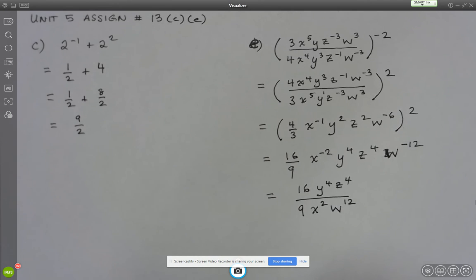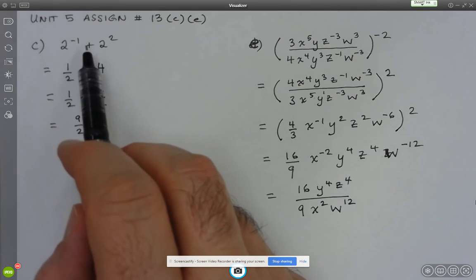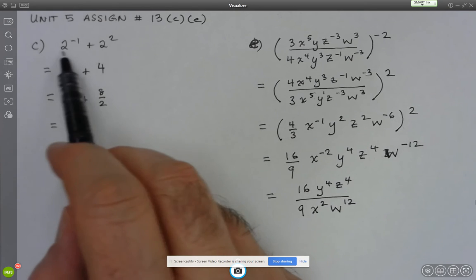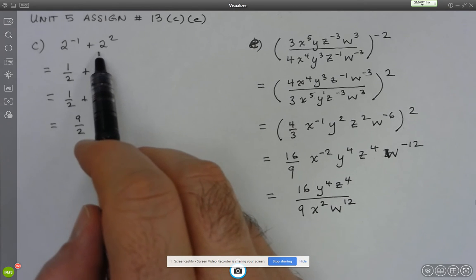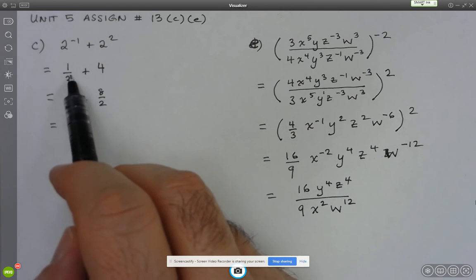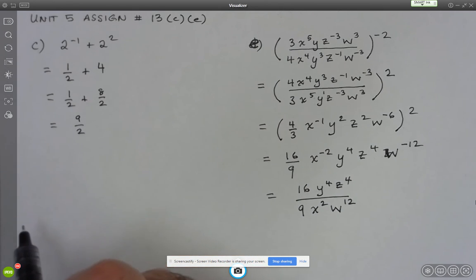Okay, so let's just do a quick recap here. In C, the main idea to get out of C is to make sure that you don't try to make up exponent rules for additions of powers or say subtraction of powers, because there is none. So here I had to do it by working with the individual expressions, and then I was able to add them as fractions.